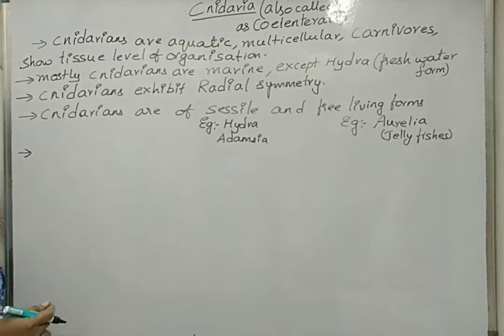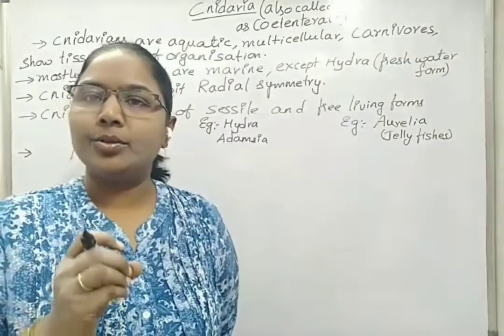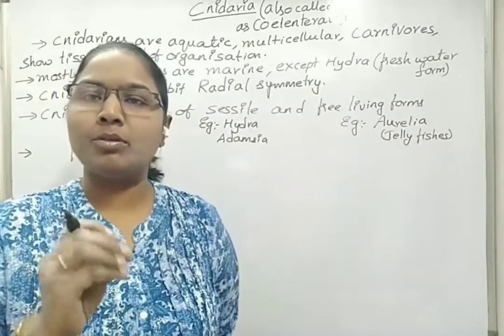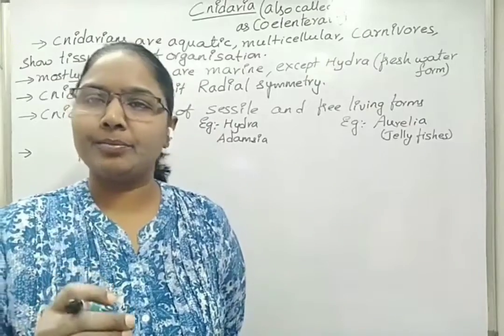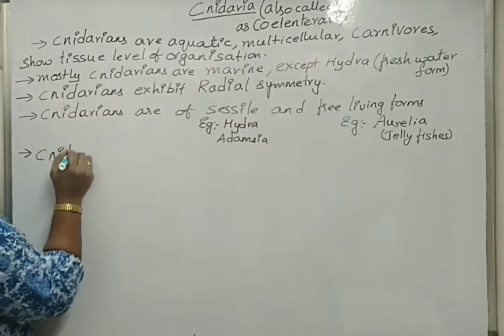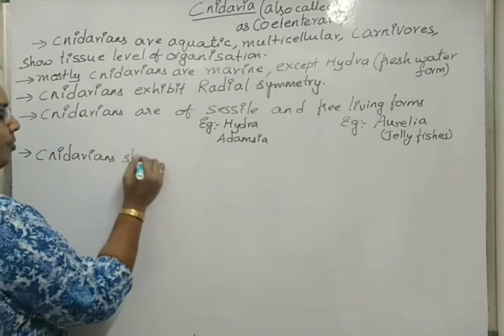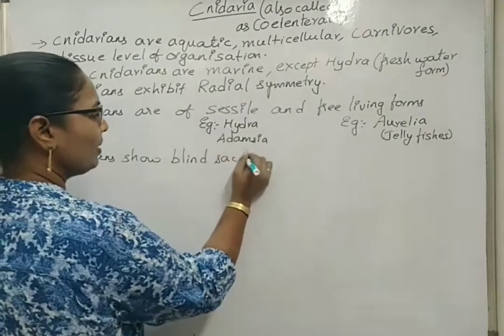Next, Cnidarians have a blind sac body plan. In the sense, they do not have a complete digestive system. Only one entry, the mouth, is there for both the inlet of food and the exit of waste material from the body. Cnidarians show blind sac body plan.